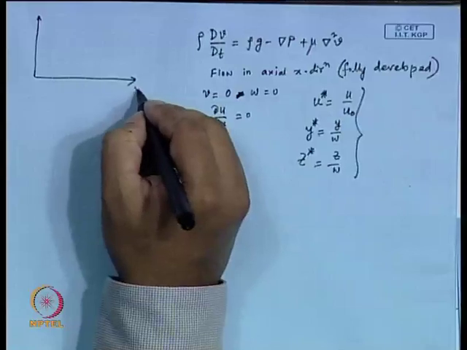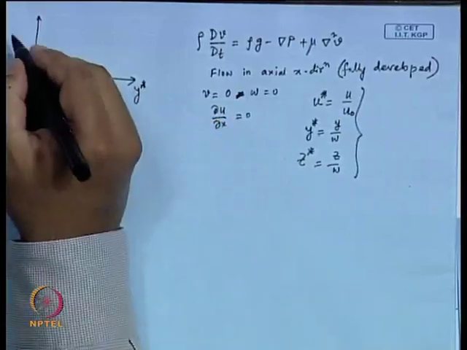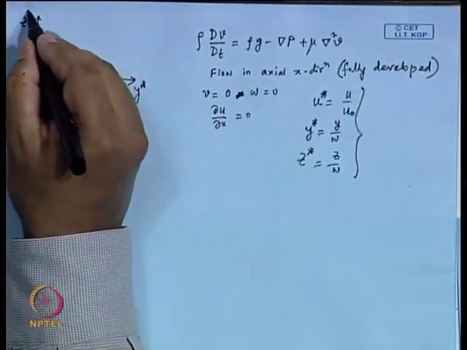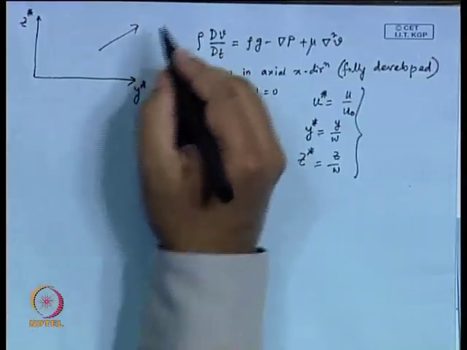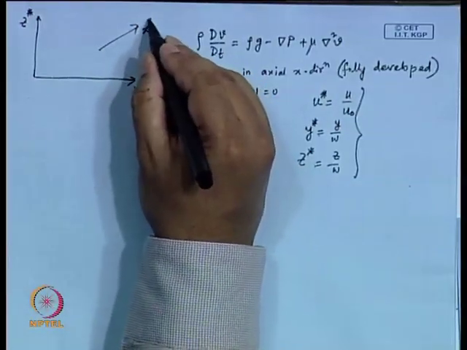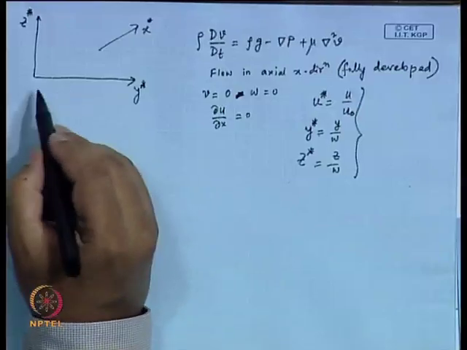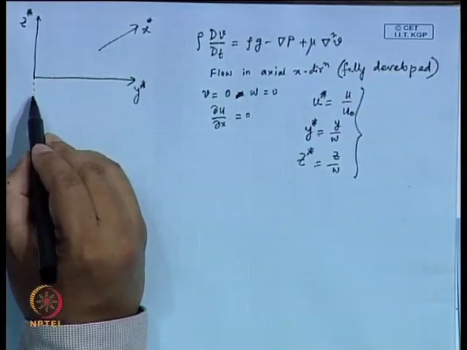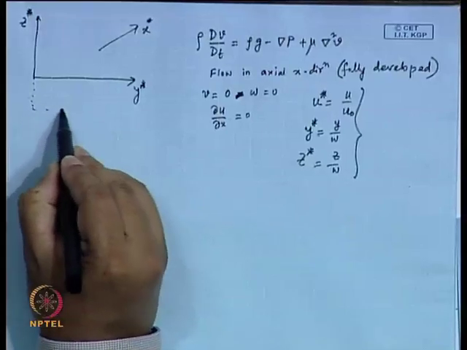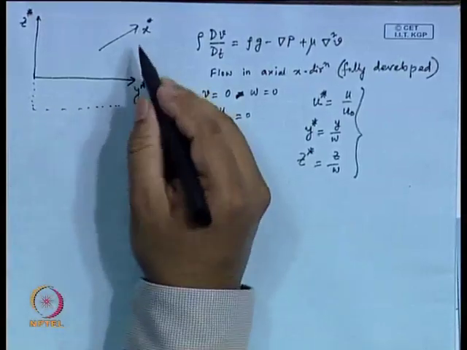Now, we are plotting this direction as y star, this direction as z star, and this direction as x or x star, whatever you call it. And then the channel is taking this shape.